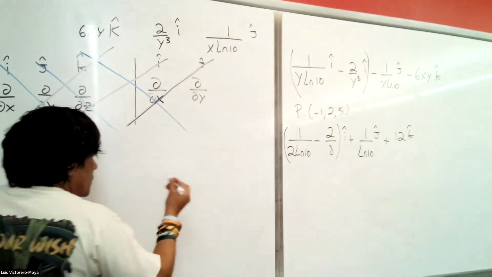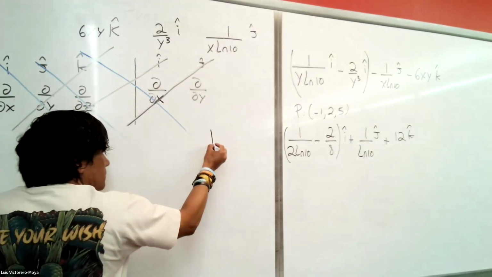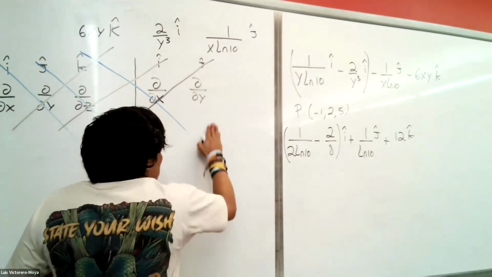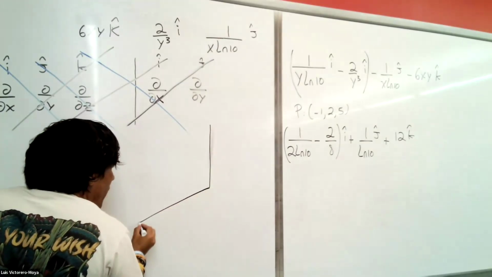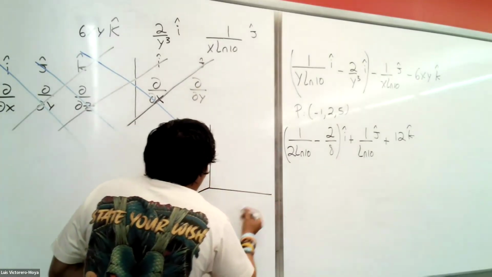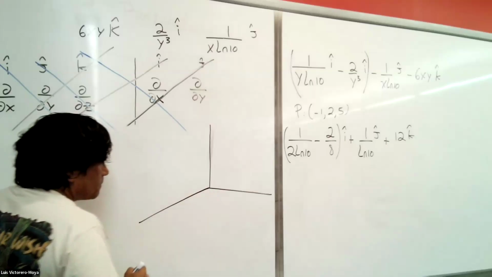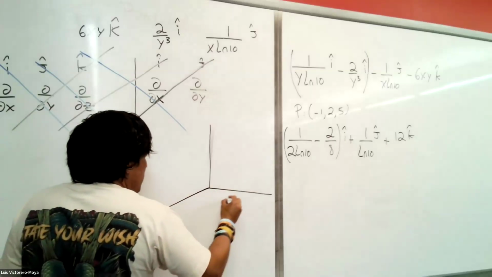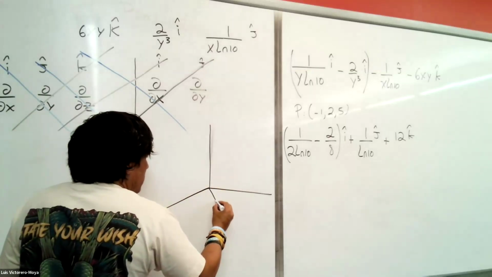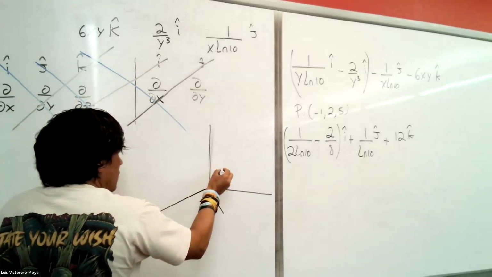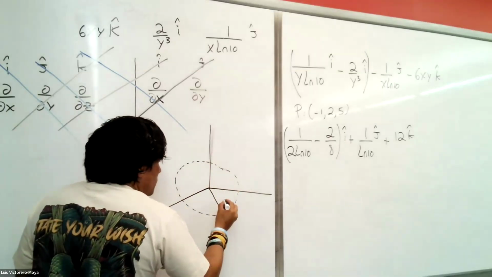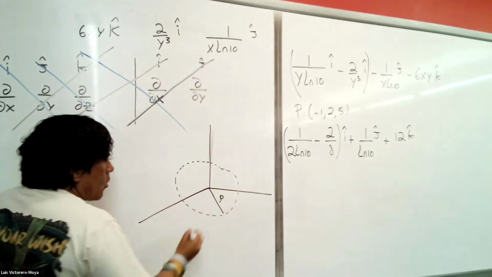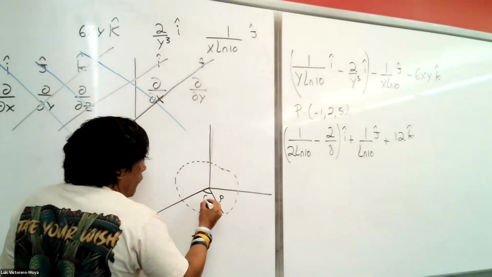So if you have your Z axis, your Y and your X axis, you're going to define a circle here. You can define a circle with a radius, and they call it radius rho, and this is the angle theta or angle phi.